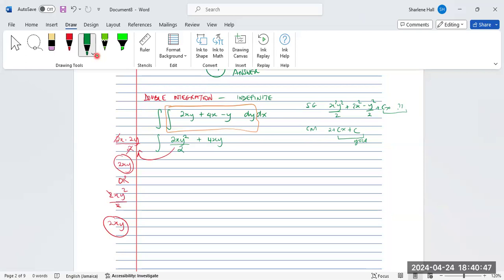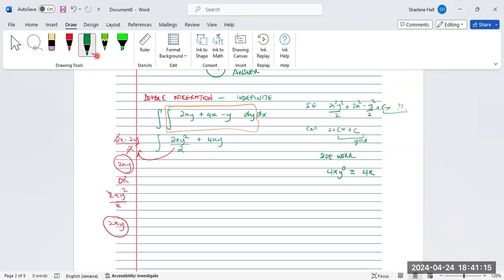And let me show you why. 4x y to the 0. Is that the same thing as 4x? Yep. Because anything raised to the power 0 is 1. So 4x y to the 0 is simply 4x.